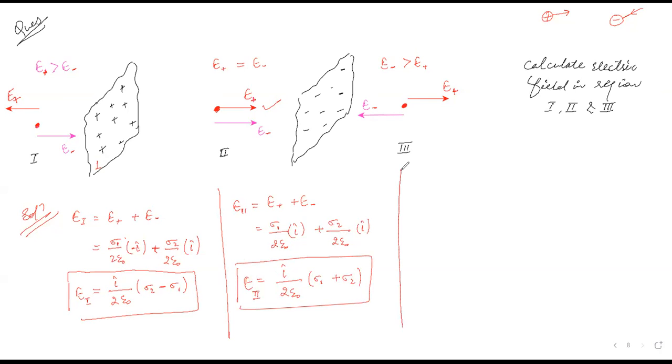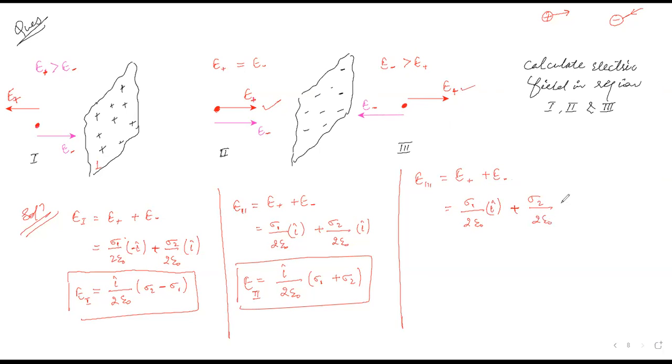Yes, sir. The last region is E3. What is your E3? Which one is greater here? I think E minus is greater. So we are taking E plus and E minus. What is the direction of E plus? You can take sigma 1 over 2 epsilon naught. E plus is along the plus x-axis, so we can write here i cap only, plus sigma 2 over 2 epsilon naught.